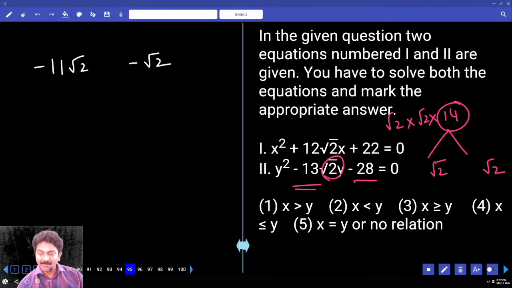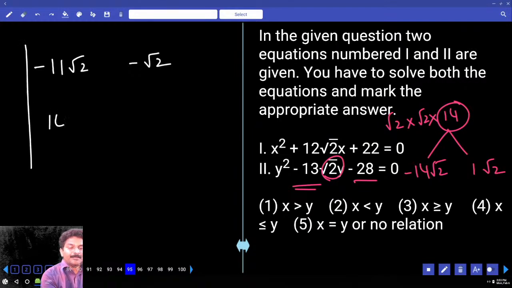So I will write the combination as minus 14 plus 1. Got it? Minus 14 root 2 and then root 2. That is the combination. Sum is minus 13 root 2. Product is 28. Condition satisfied. Then factors are plus 14 root 2 and then minus root 2.